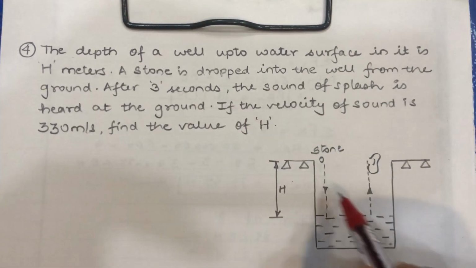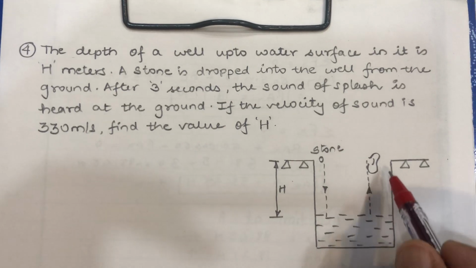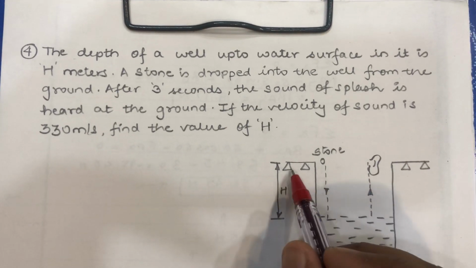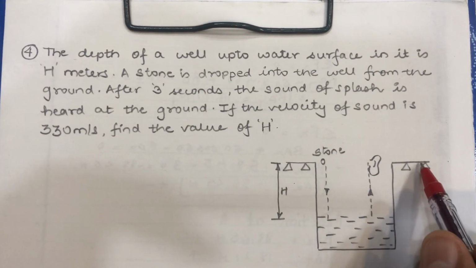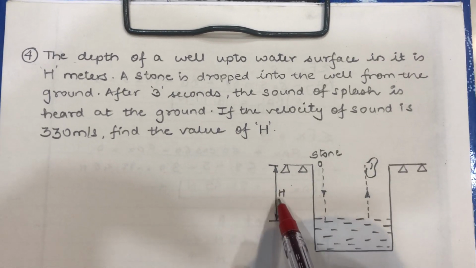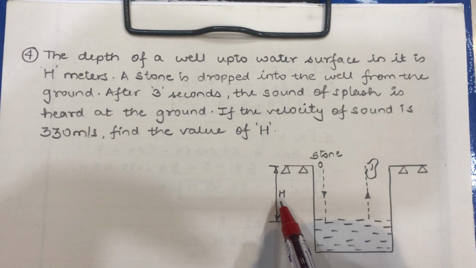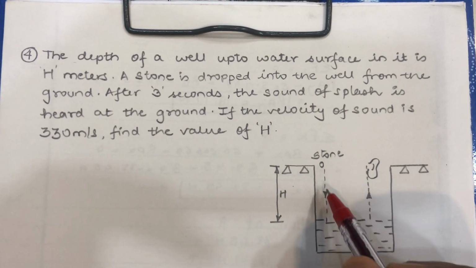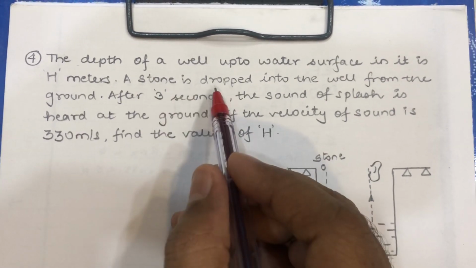With the statement, we have drawn this diagram where this is the ground surface, and from the ground surface till the water level the distance is h. A stone is dropped, as the statement says.